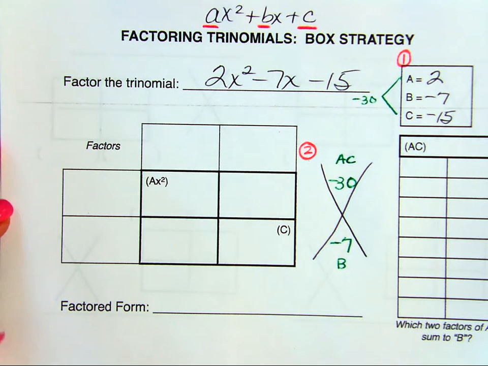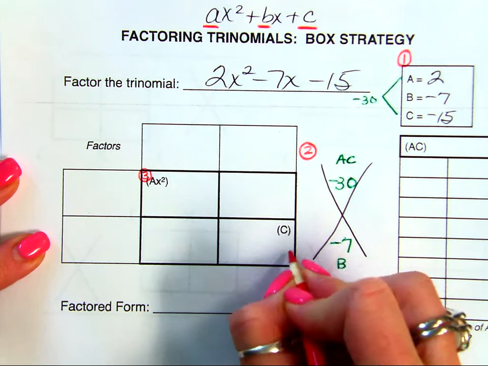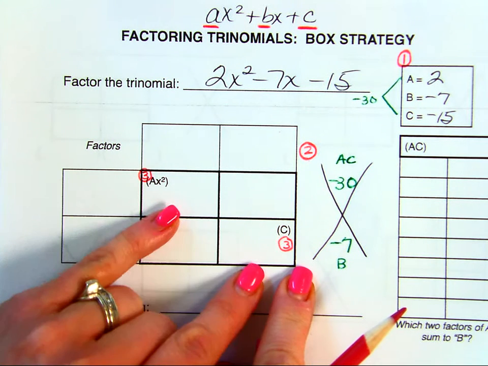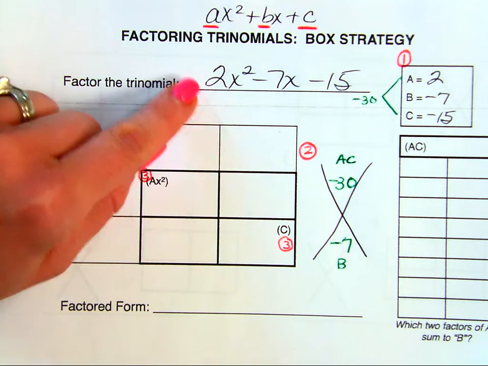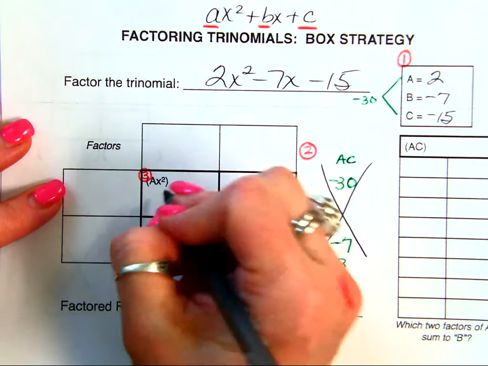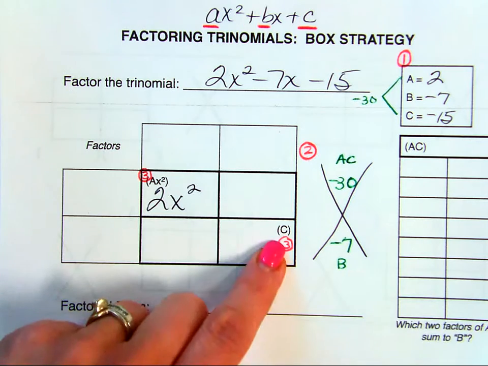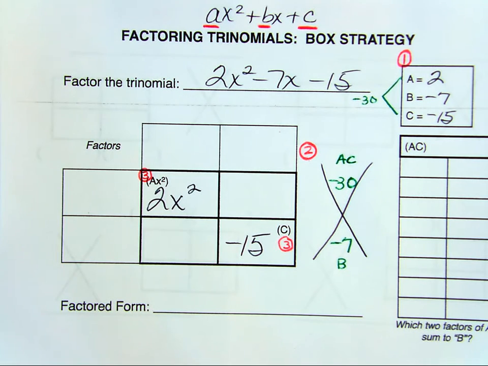Step 3, the next thing you're going to do is fill these two numbers in. And this is the note: take your whole ax squared term and put it here. Take your constant and put it here. That's step 3. Following me?